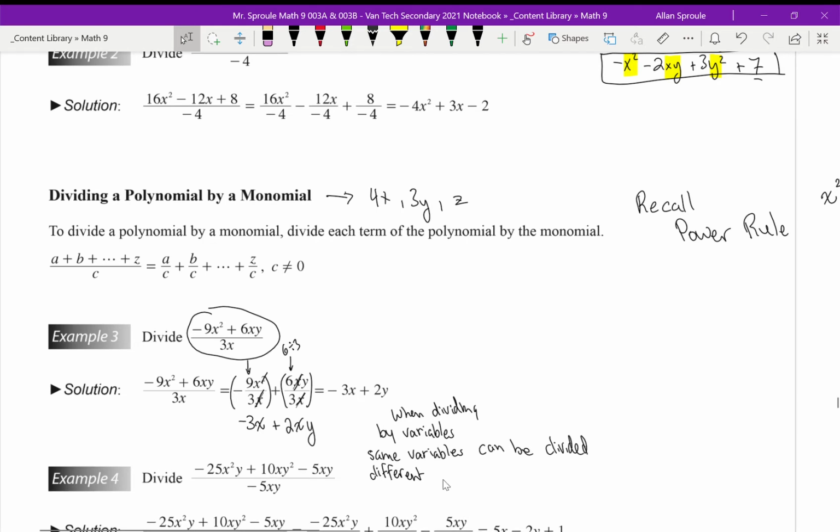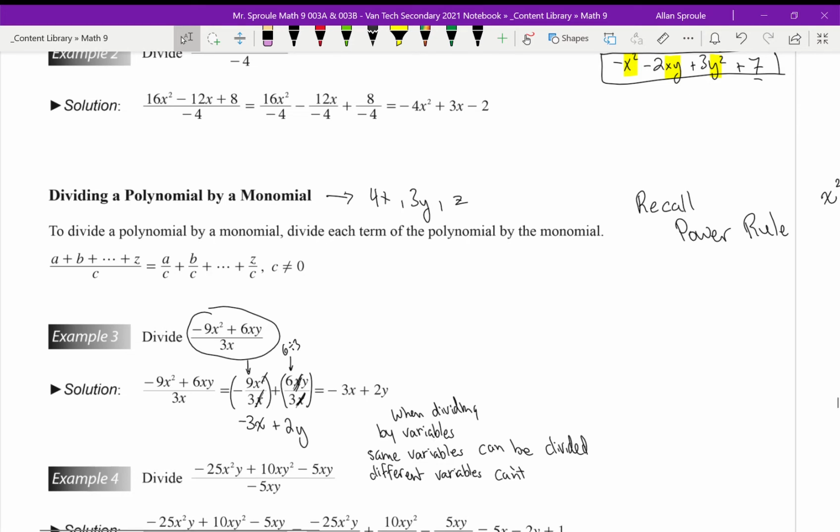Different variables can't. So I can't touch my y because I'm not dividing by y, so it gets left alone. So in this case, pardon me, I put an x where I shouldn't. They both canceled out. So x divided by x just gives me 1, so then I'm left with 2y.